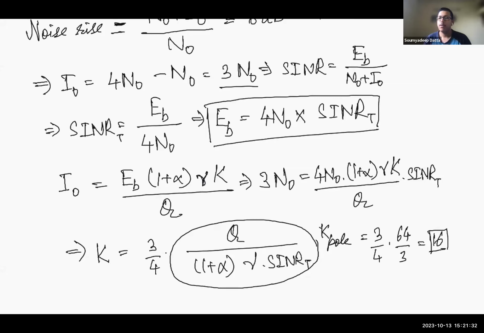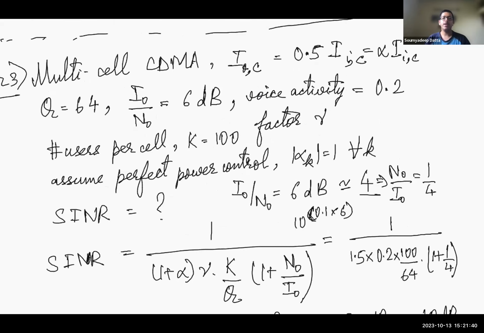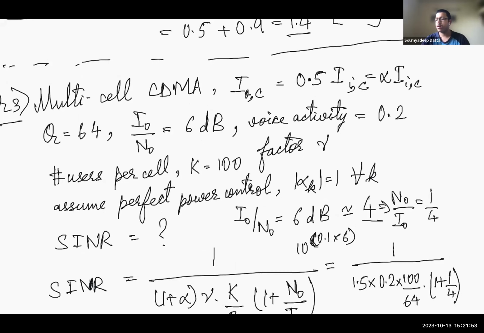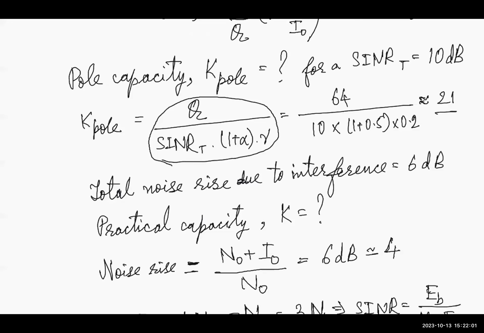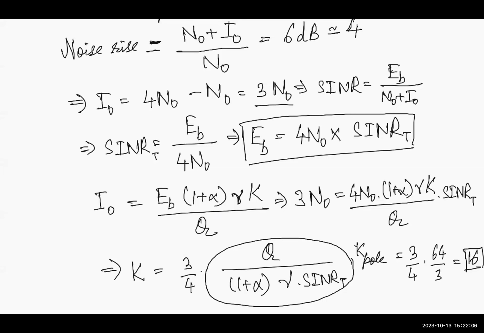How many are active is given by the voice activity factor. You are told voice activity factor 0.2, it means that 20% of users are speaking, like in cellular communication, 20% of users are active. So the voice activity factor determines the interference. You can go through the theory, but this is very intuitive. Lastly, we have 3N0 equals 4N0 into 1 plus alpha into gamma into K.